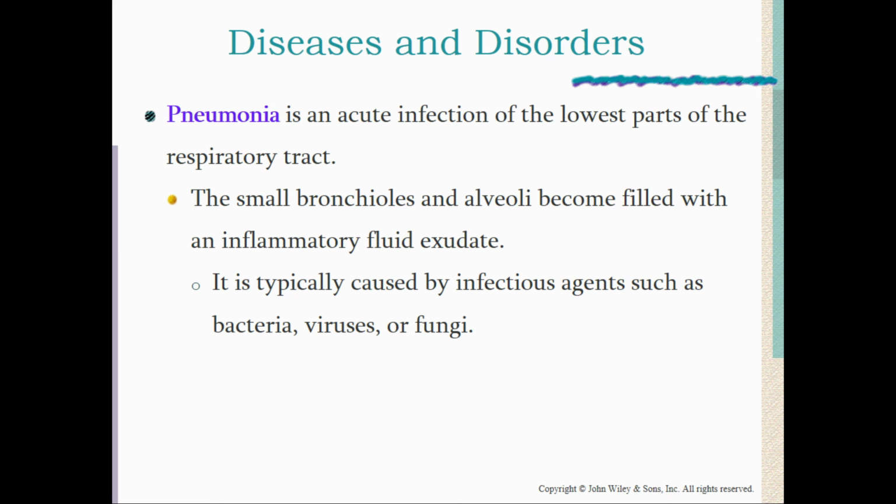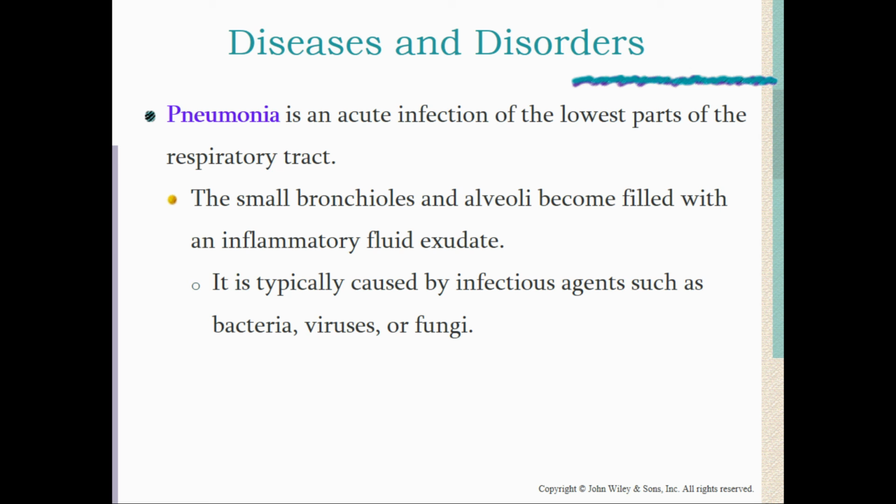Pneumonia. Pneumonia is an acute infection of the lower parts of the respiratory tract. Remember, the lower part is anything below the larynx, or your voice box. The small bronchioles and alveoli become filled with an inflammatory fluid exudate. So basically a bunch of mucus and fluid will build up in the lungs.